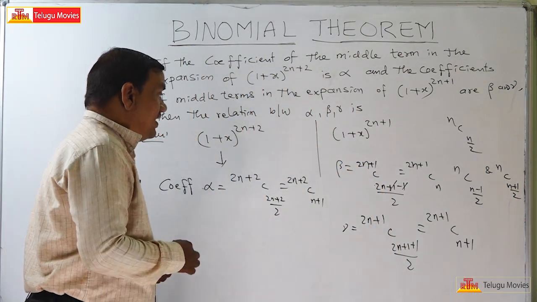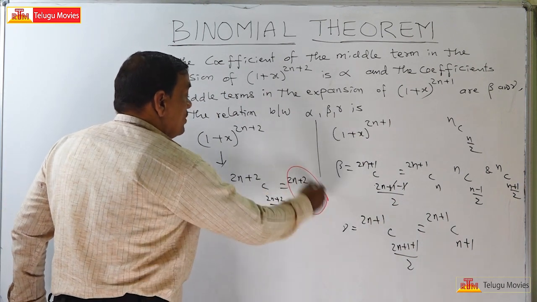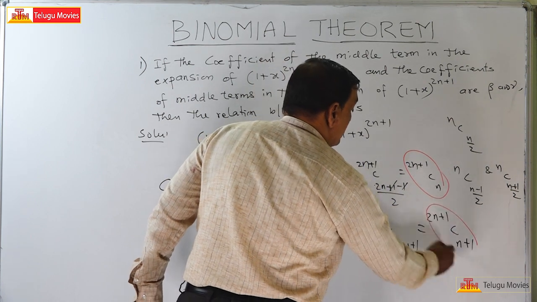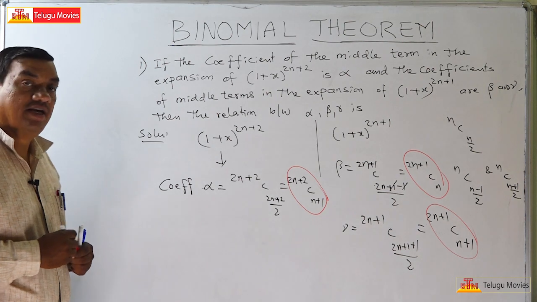So altogether, see here, this is your alpha value, this is your beta value and this is your gamma value. Then what is the relation you will get here?